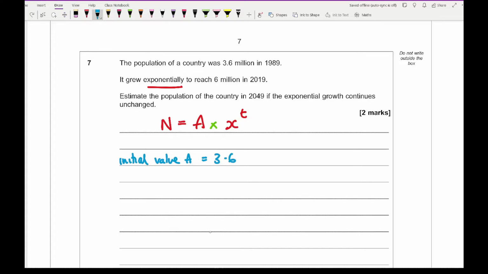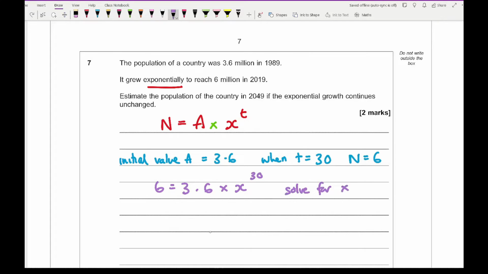If I substitute that into the formula, and we know that when t equals 30, n equals 6, then substituting all that information in, we get 6 equals 3.6 times x to the power of 30. Now what we need to do is solve this for x.